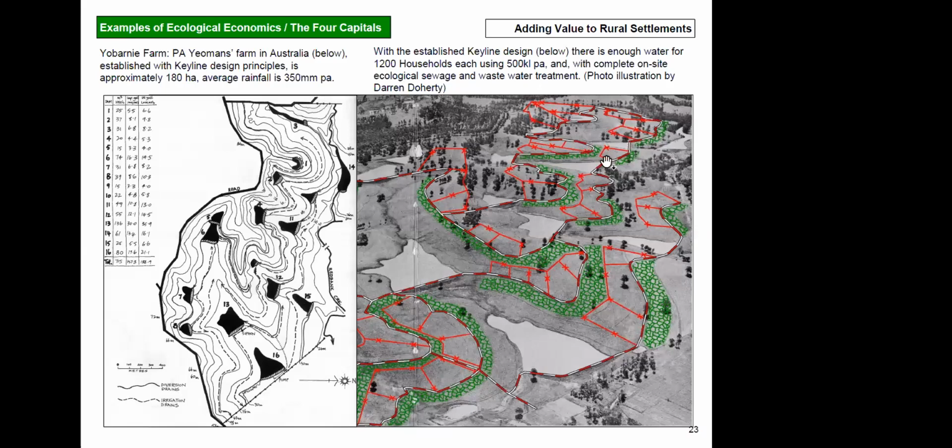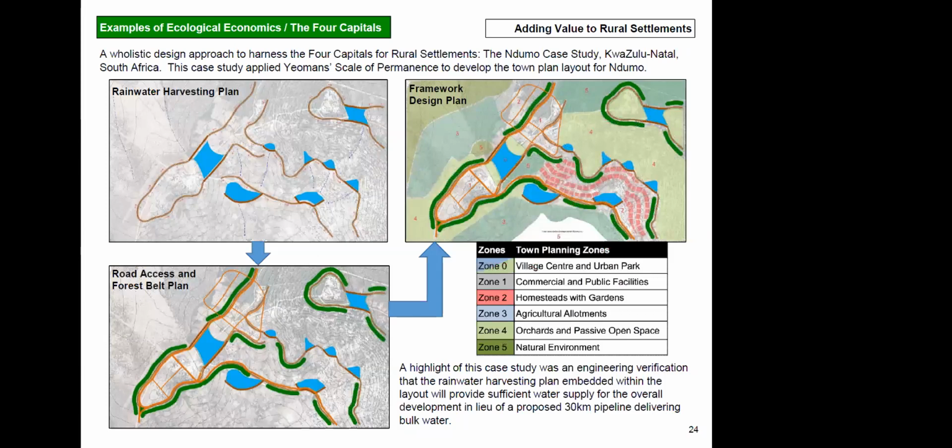So it's quite amazing. And I was so inspired by this vision that he had, even though this was just a sketch, that a few years later, myself and some colleagues developed a case study for Ndumu in South Africa.